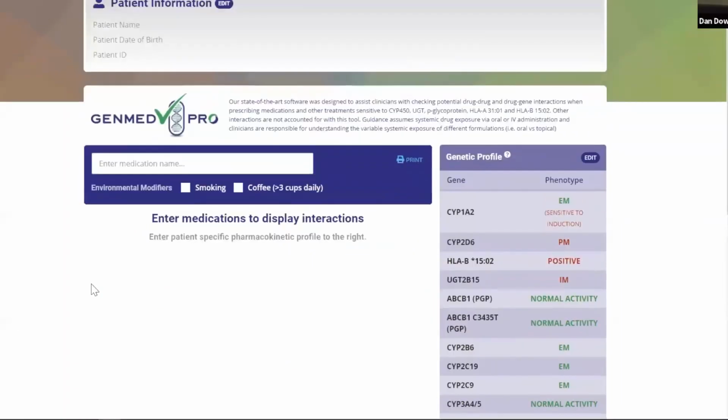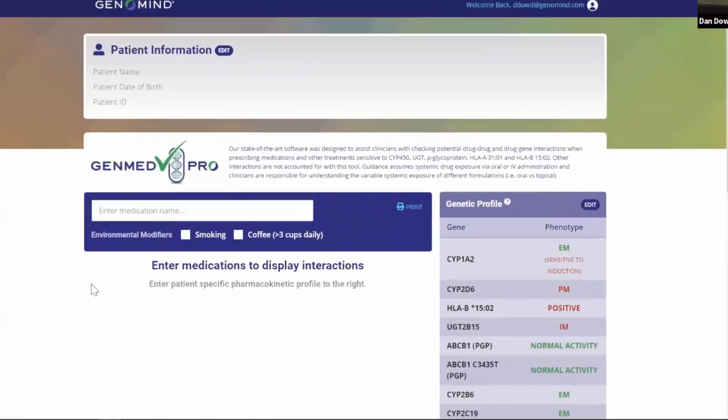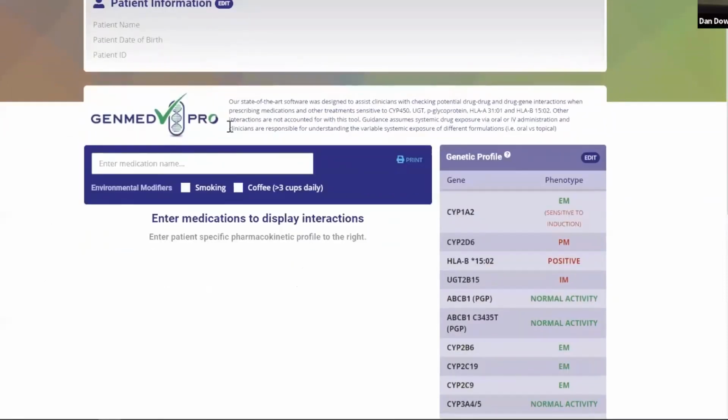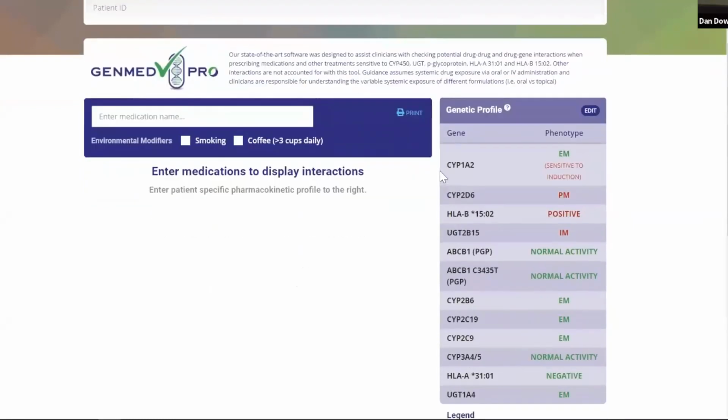So if you logged in to the Genomind portal, you would land on this GenMed Pro page, and your patient-specific genetic profile would be pre-populated. If you hover over each one of these phenotypes, it gives you a brief definition: poor metabolizer, intermediate metabolizer, the rest are all normal activity.